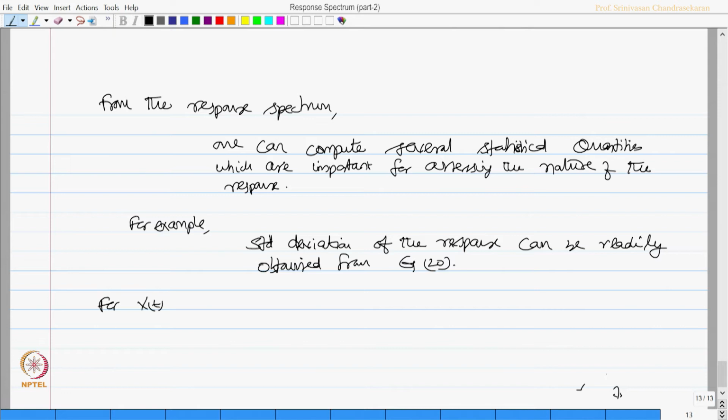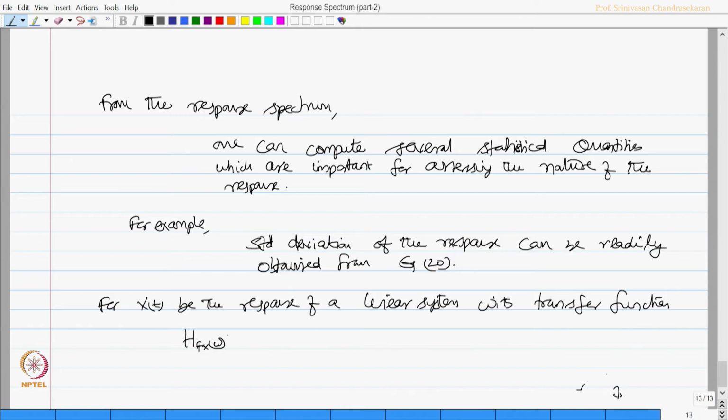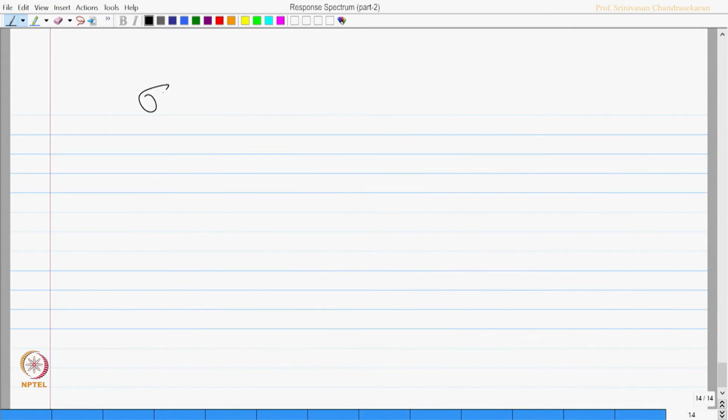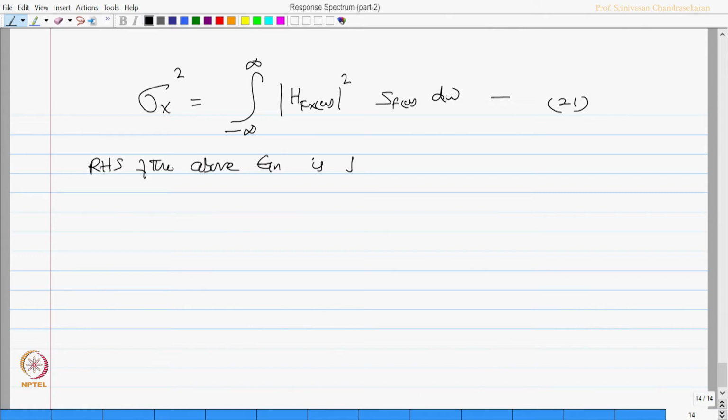For the response of a linear system with transfer function hfx omega subjected to a stationary load process f of t, sigma x square, which we wrote earlier as the integral of |hfx omega| squared Sf omega d omega, is now valid. The right hand side of this equation is to be computed numerically.